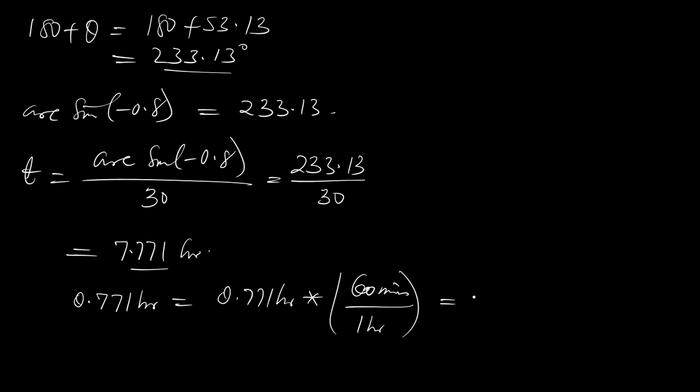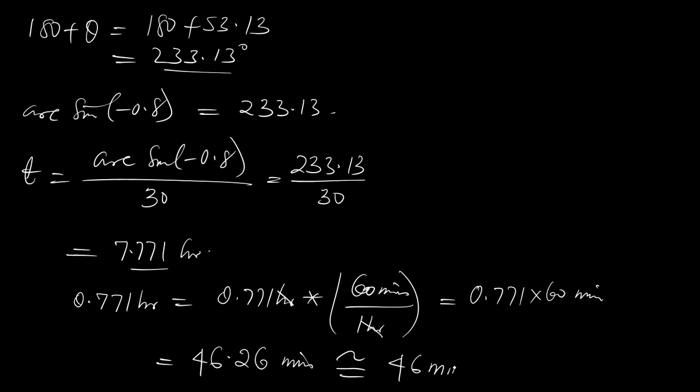So this gives us 0.771 times 60 minutes, because the hour will cancel out. So this will be 46.26 minutes, which is roughly 46 minutes.